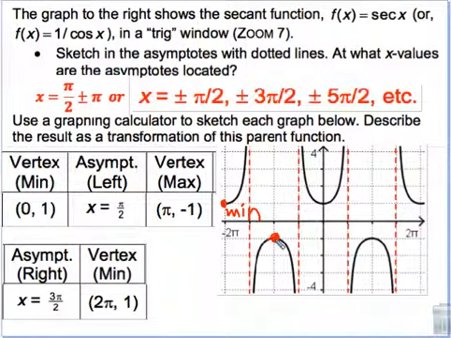This is your maximum. That's your relative maximum there. We went through that in class. Make sure you know that even though the minimum is above the maximum, this is relative to this section. This is a maximum point relative to this section here.